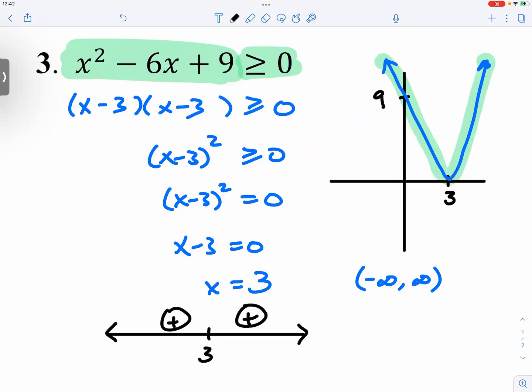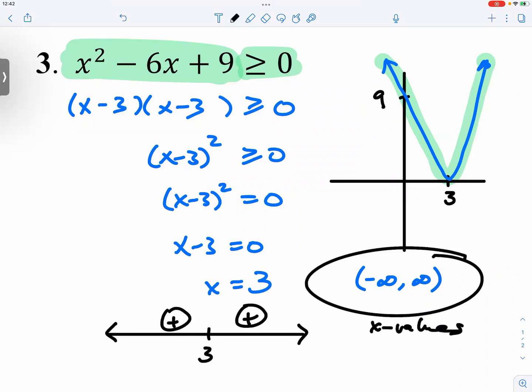The solution, well, first, these are our x values. So what we're saying is if you pick any value from negative infinity to infinity for x, you put it back into the expression here or here, you get a true statement.